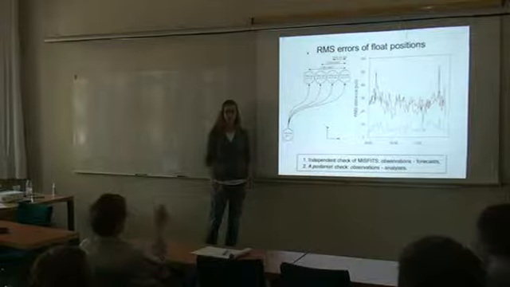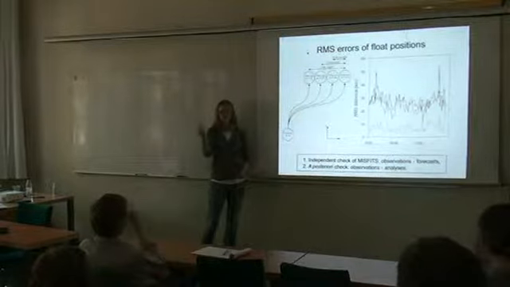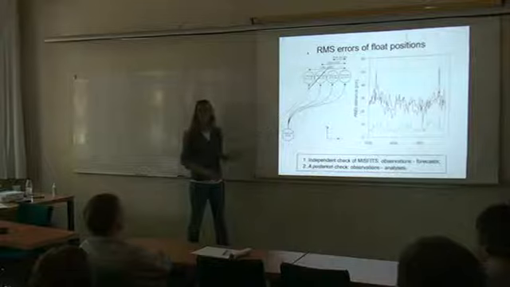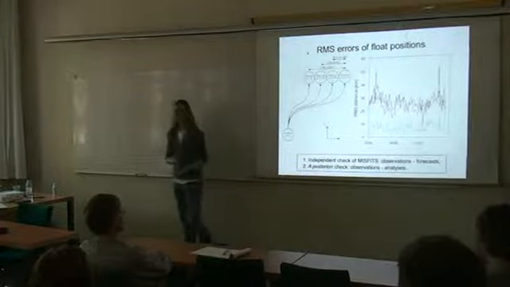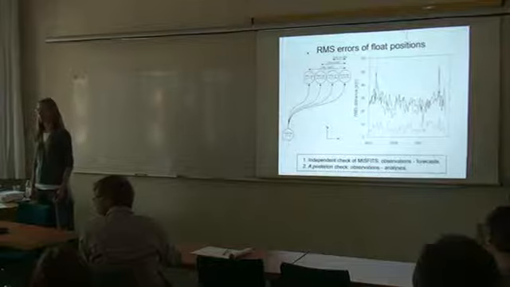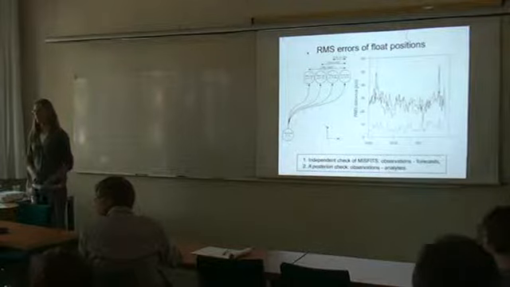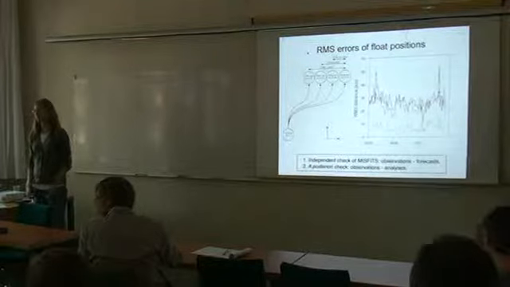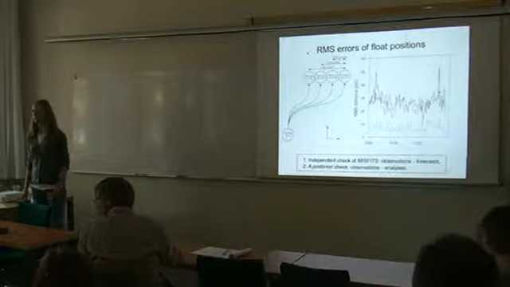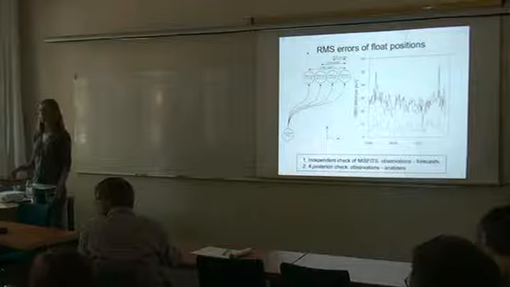And you're just comparing the position. Yes, just the distance between them, checking how far they are from each other. But the data of the float is used twice. Or maybe I'm confused. In the control, I used the profile, but not the trajectories.